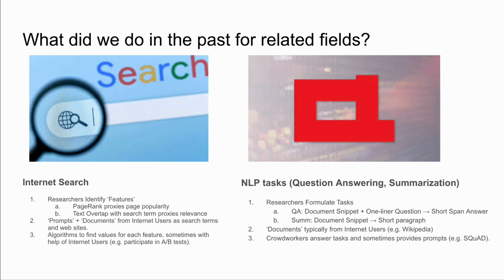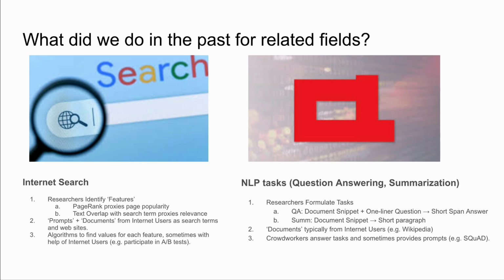These are basically websites as ways to match things. And we use some algorithms to find values for each feature, sometimes with the help of internet users. For example, Google will run A/B tests for whether a particular search feature or particular variant of the PageRank algorithm will actually improve user experience.